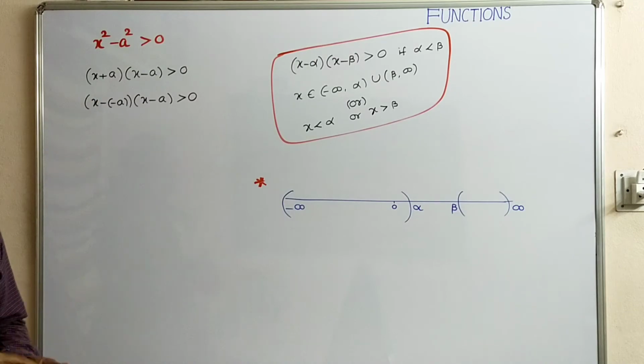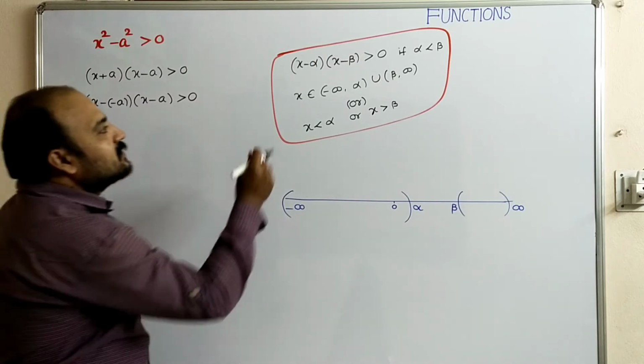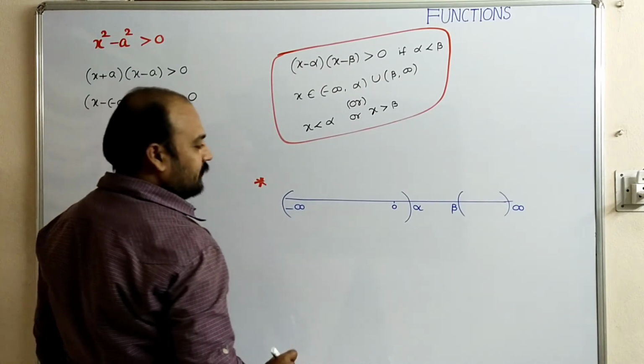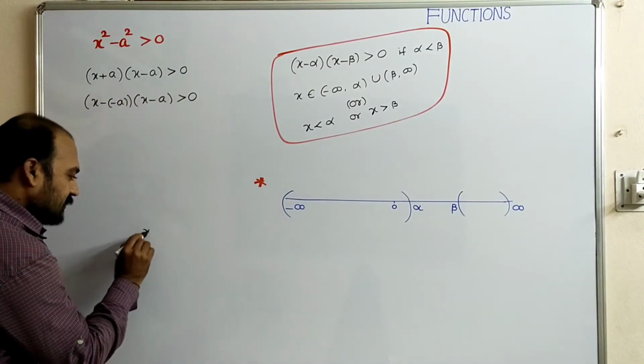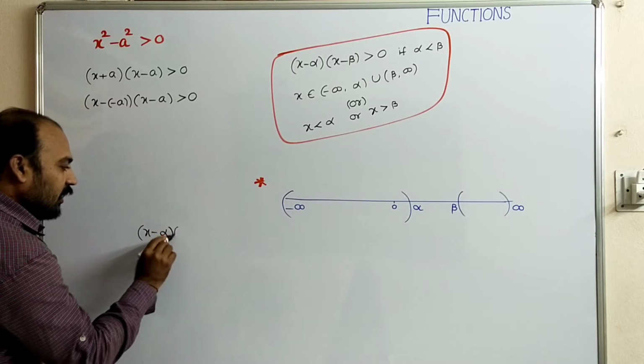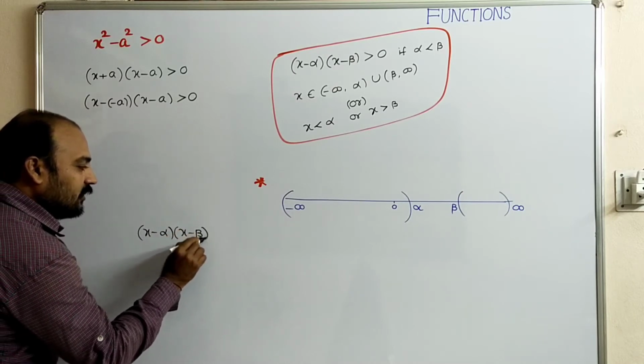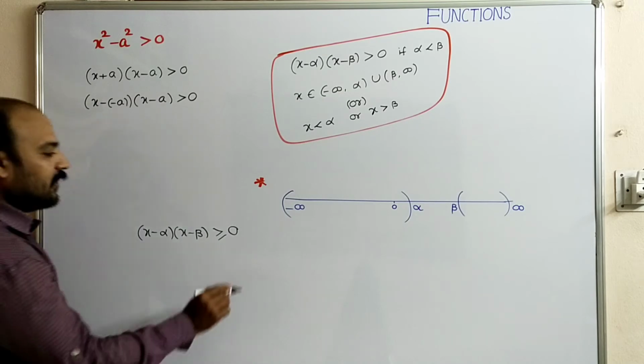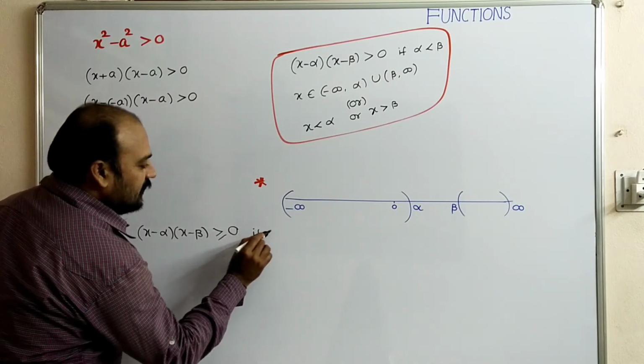Suppose the same thing, x minus alpha into x minus beta is greater than or equal to 0 is there. X minus alpha into x minus beta is greater than or equal to 0 when alpha is less than beta.